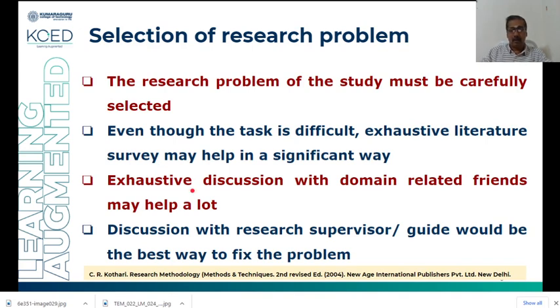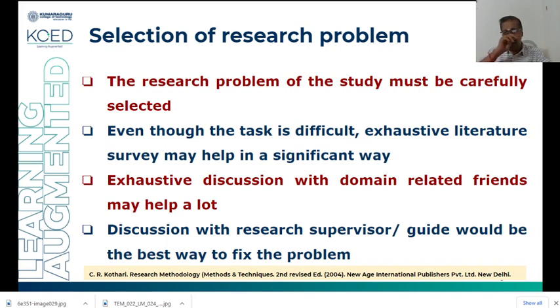Second point, you can go for a lengthy and broad brainstorming session with domain related friends. You should not discuss the context you have selected with a layman or an unknown person whose domain of expertise is totally different. In other words, there is no use in discussing a biological problem with a social science person.